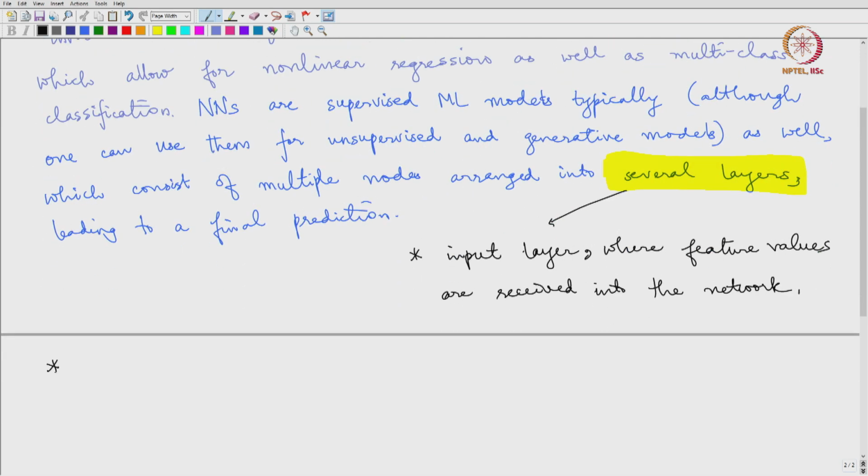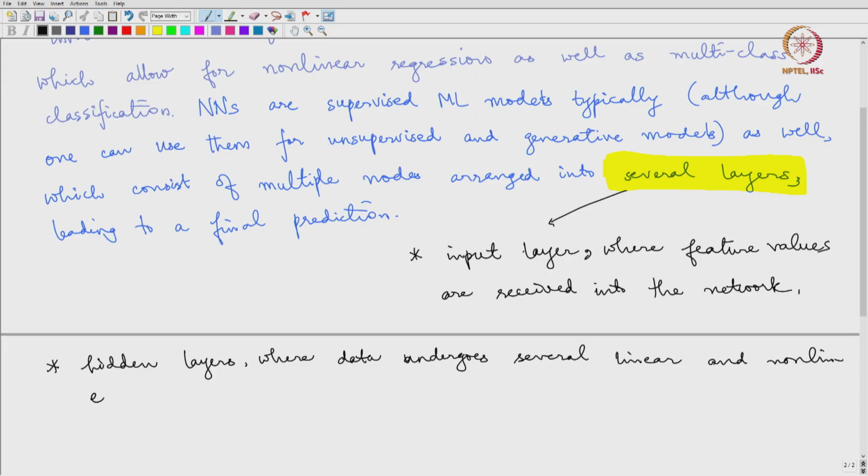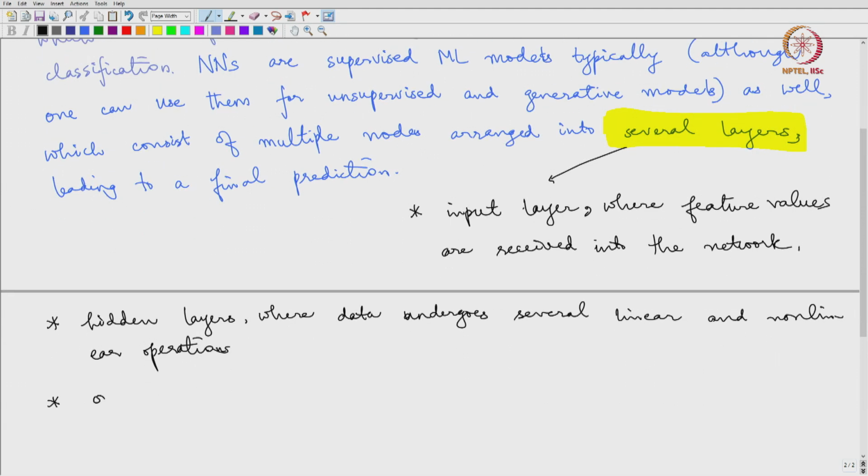Then there are a bunch of hidden layers, where information, or you can say data, undergoes several linear and non-linear operations, and finally an output layer where the target variable or variables are predicted.